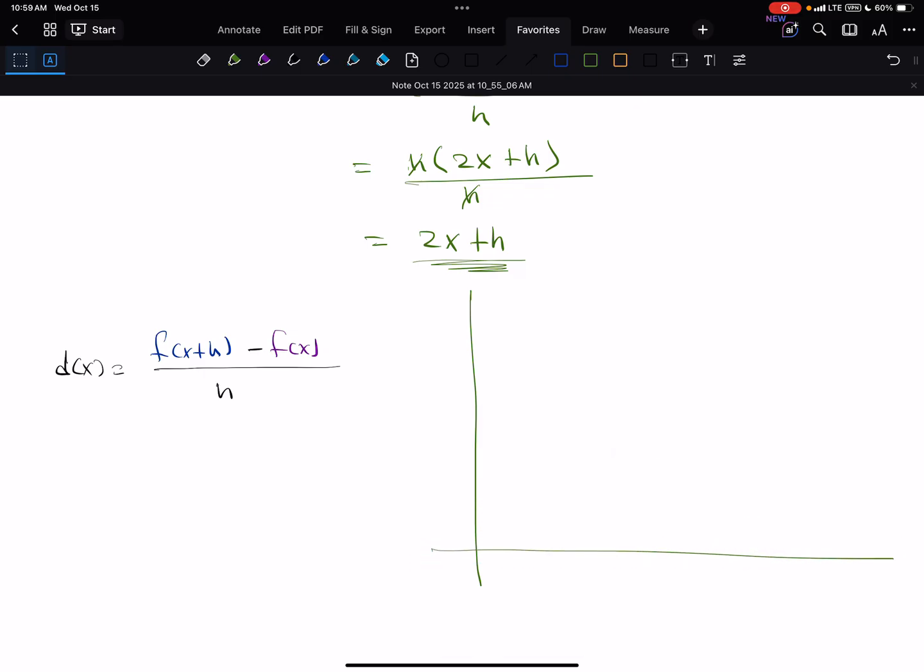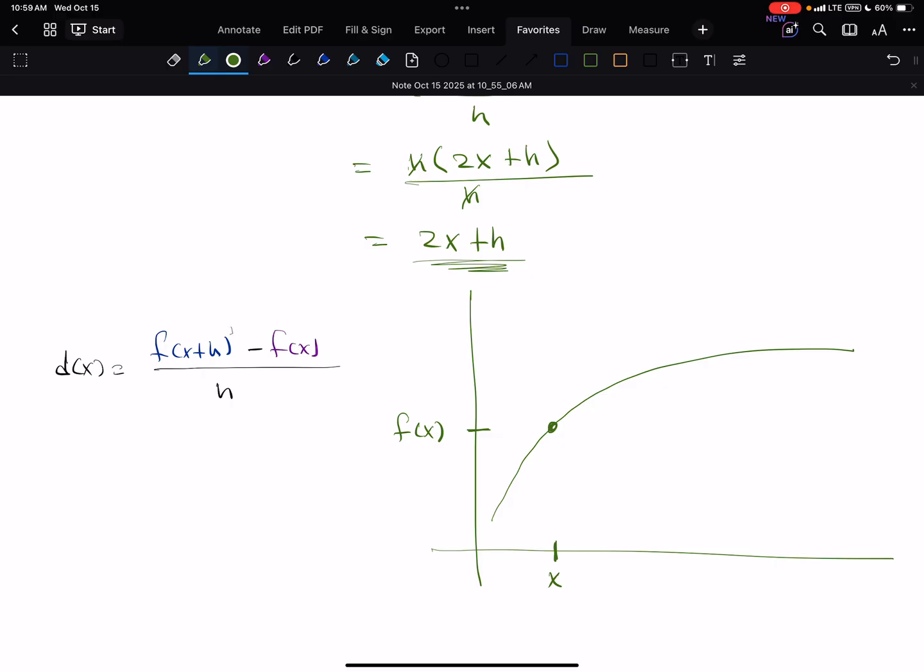And so if I have my function shape here, well, my x value is here, and then the y value associated with that, that's going to be my f of x, right?